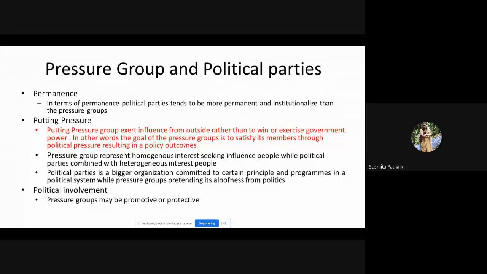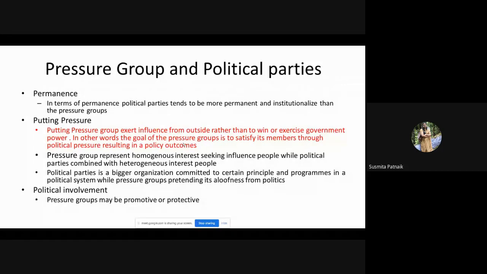Political groups means political parties are called political groups. The members of a political party are permanent in character and their main objective is to capture power in the center.